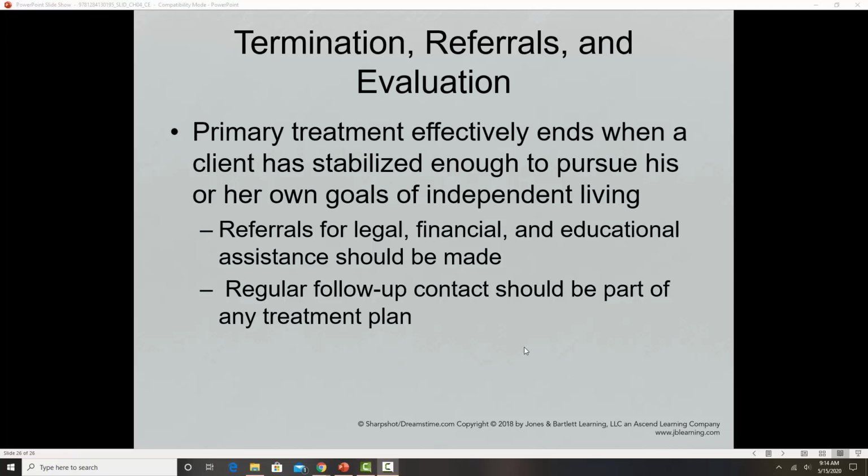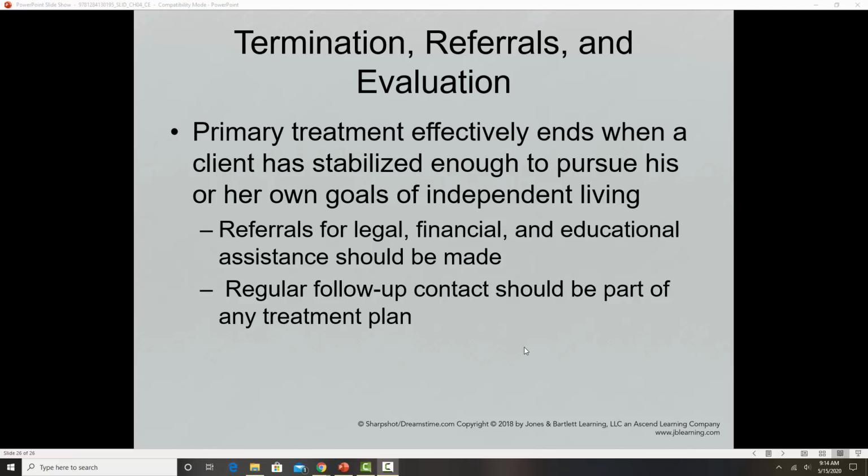Now, primary treatment effectively ends when the client has stabilized enough and feels as if they can now pursue their life, their work, their relationships in a healthy manner.